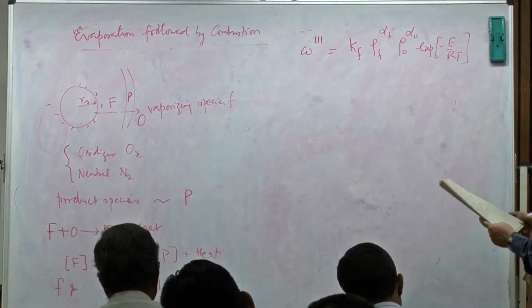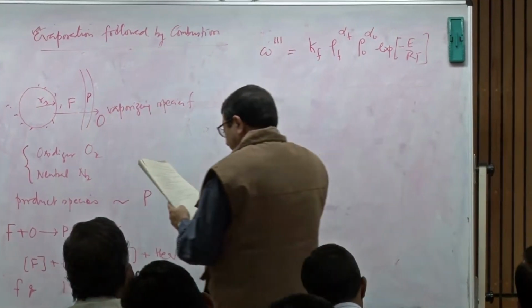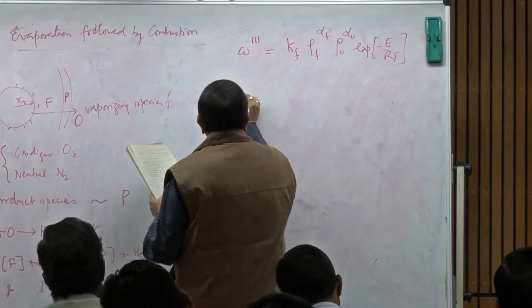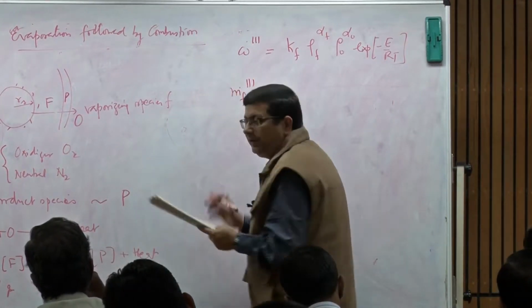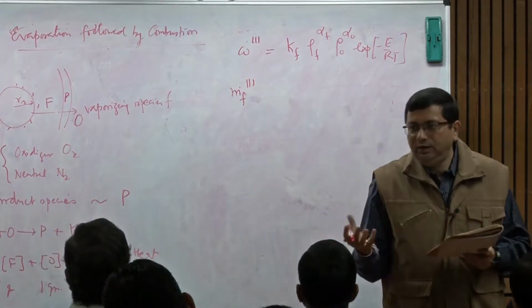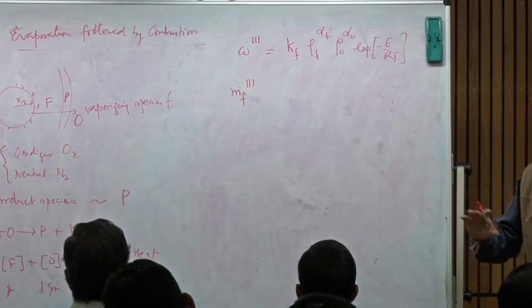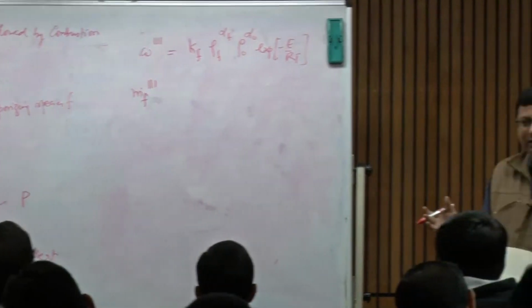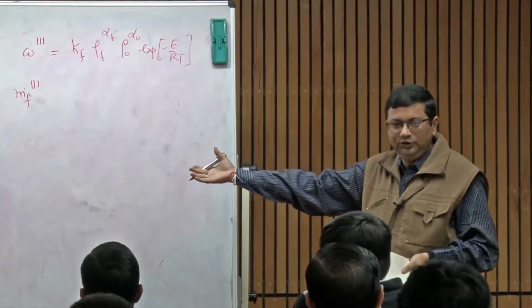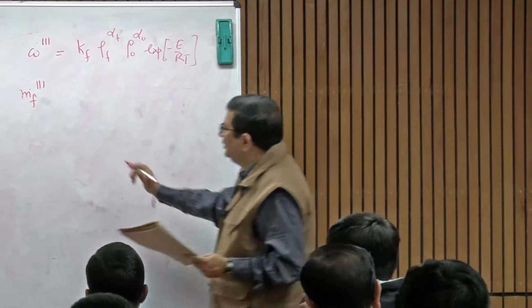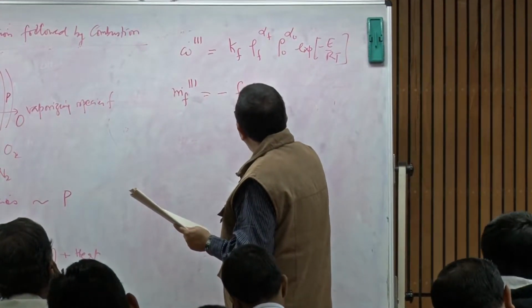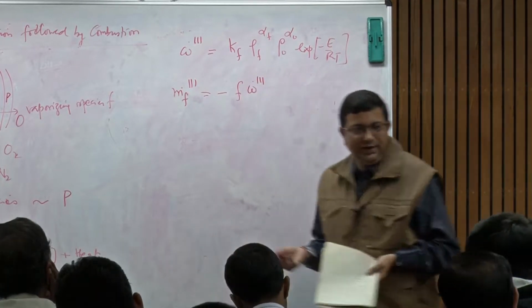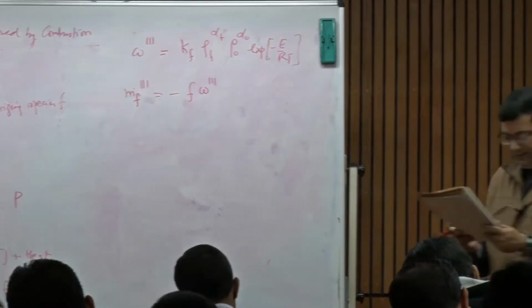From this, the volumetric rate of change of fuel, not production, rather the change, is as follows. Fuel gets consumed, so it will reduce, right. So, this is equal to minus F times the reaction rate.